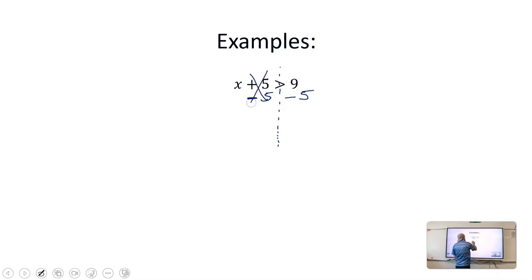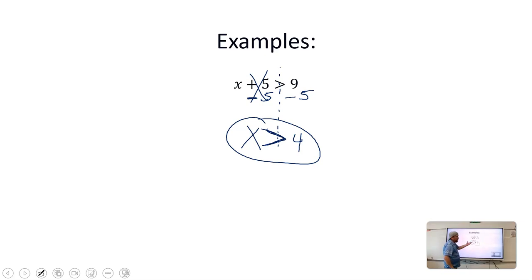So that disappears, and I end up with an x on this side and a 4 on this side, and then I just bring down whatever my original sign was. So in this case, I have x is greater than 4. The way we would plug that in is just pick some number bigger than 4. So let's pick 5 and throw it in. 5 plus 5 is 10. Is 10 bigger than 9? Yes, it is. So we got the correct solution.